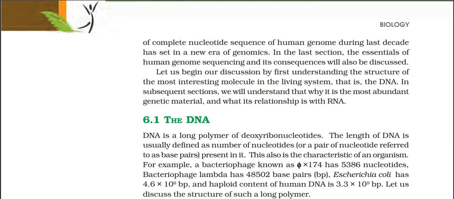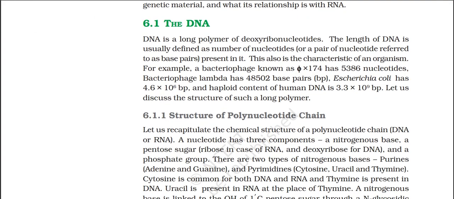6.1 The DNA. DNA is a long polymer of deoxyribonucleotides. The length of DNA is usually defined as the number of nucleotides, or a pair of nucleotides referred to as base pairs, present in it. This also is the characteristic of an organism.